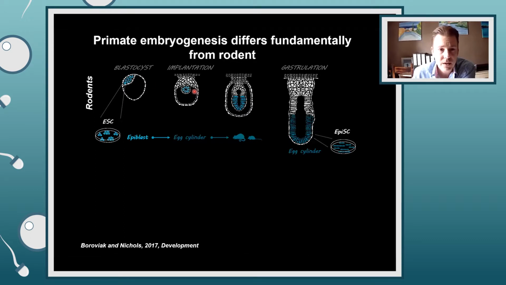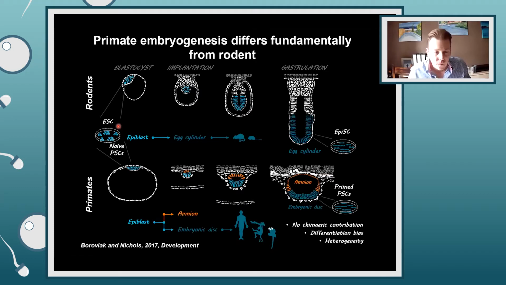You can see the epiblast, the lineage that forms the embryo, forms in the mouse this sort of cup shape, and we can derive stem cells from that: epiblast stem cells and embryonic stem cells that represent two distinct pluripotent states, pre-implantation versus post-implantation.